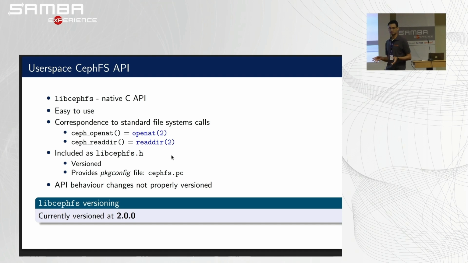But I must say that it is not properly versioned, because there are a lot of changes going in, but we don't do anything with the versioning. I think it has been at version 2.0.0 for a long time. I have seen no version changes, even though there are changes going into the APIs itself. Yeah, but this is the version that we currently use.